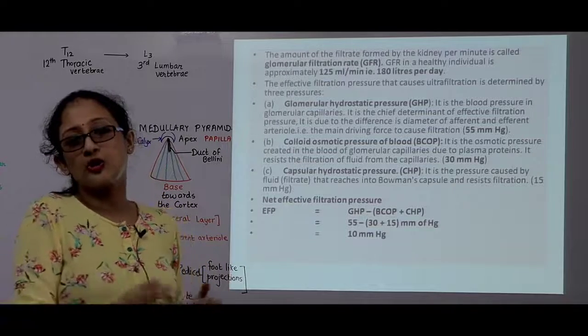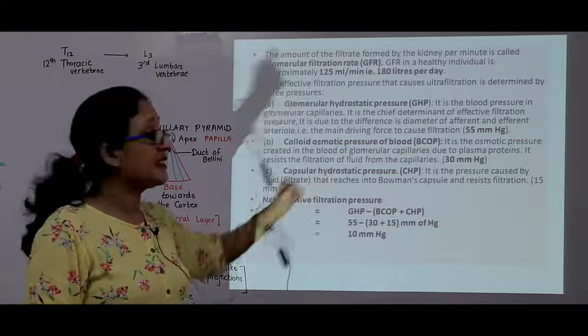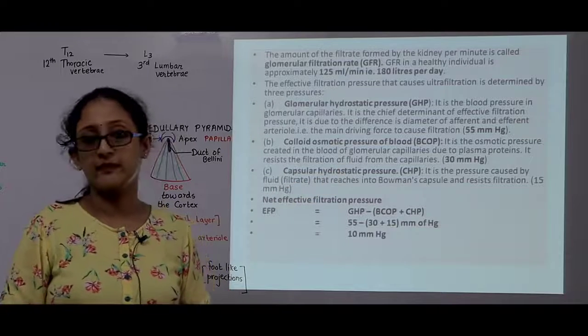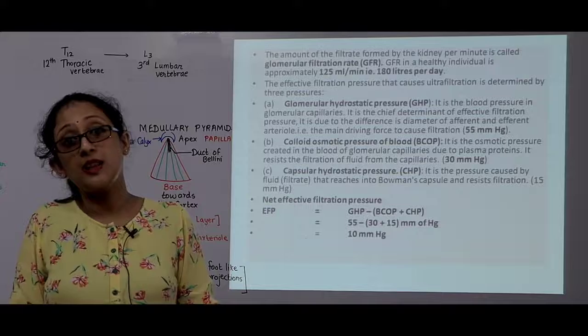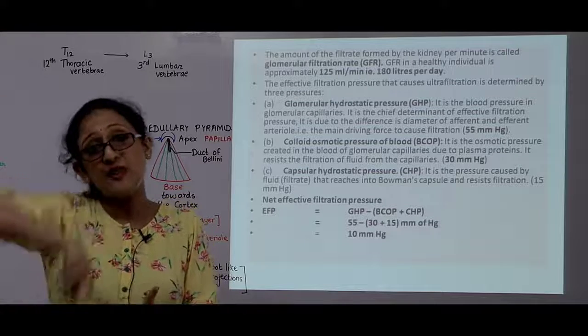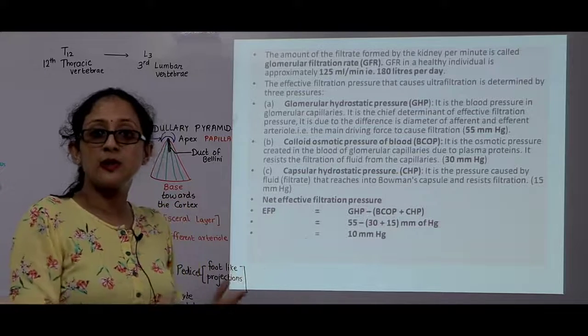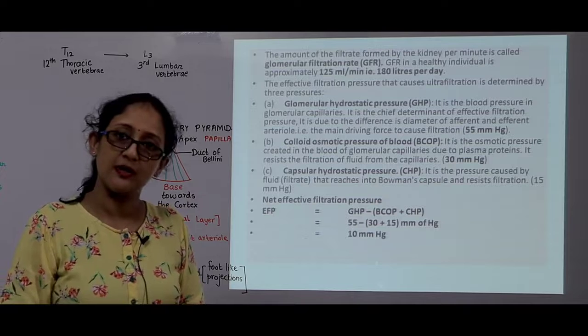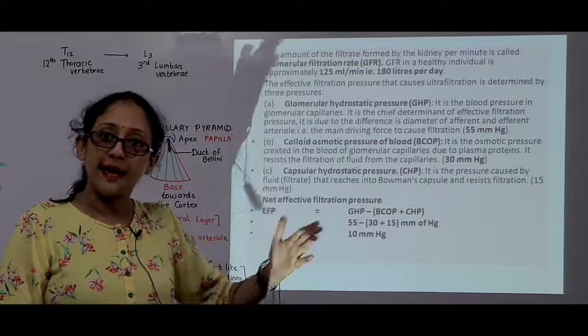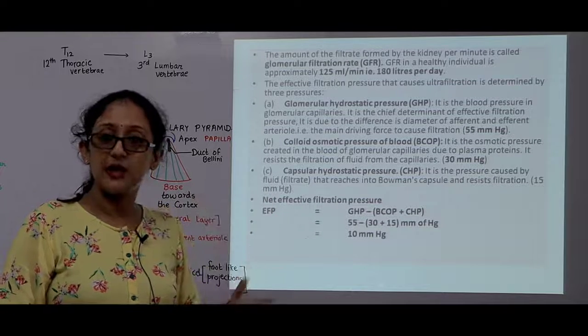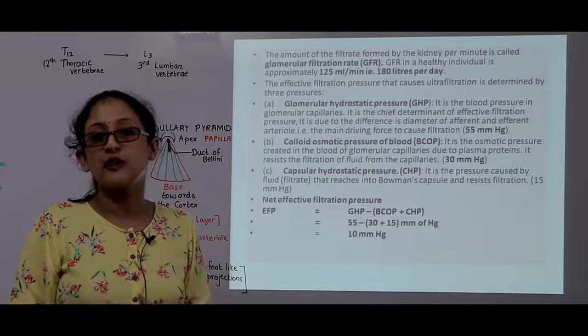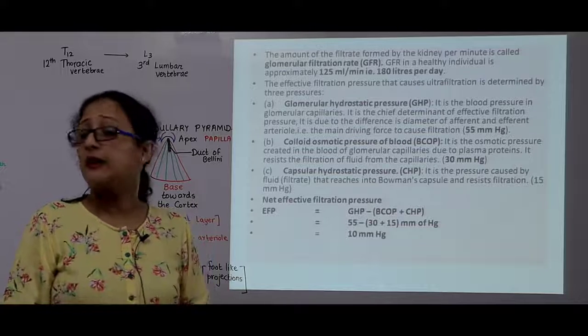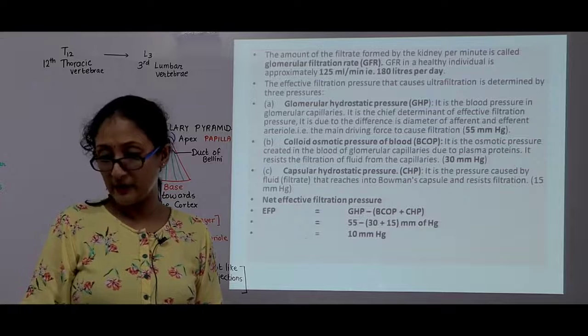The blood colloidal osmotic pressure, which is 30 mm of mercury. There is also fluid in the Bowman's capsule from the previous filtration. This is capsular hydrostatic pressure. So 55 minus 30 minus 15, your effective actual filtration pressure is only 10 mm of mercury.